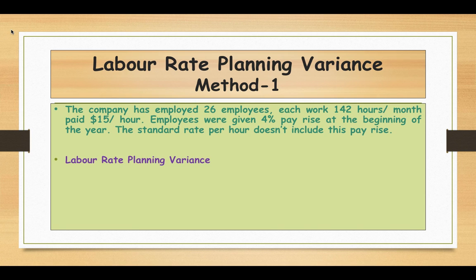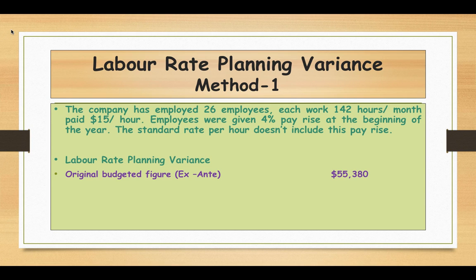So we'll see the labor rate planning variance. We are going to compare the original budgeted figure, which we call X ante. Each worked for 142 hours, times 26 employees. So 142 hours times 26 employees is the total number of hours they worked.